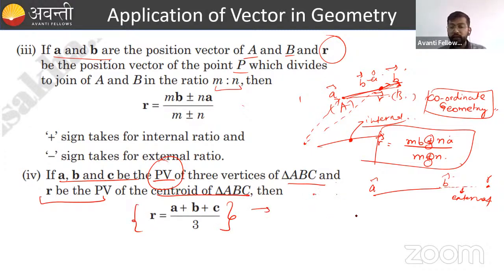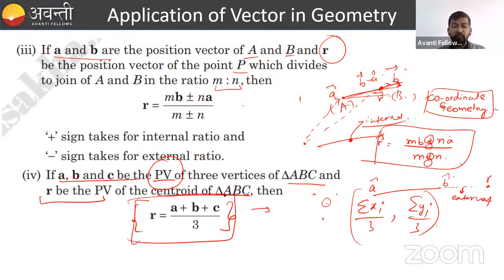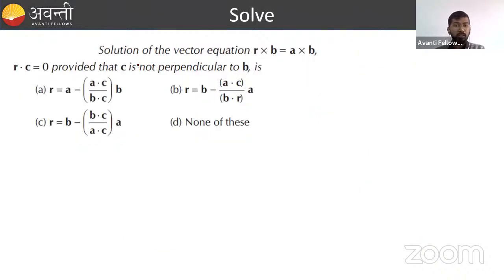When three coordinates are given, the centroid is found by the summation of xi by 3 comma summation of yi by 3. So this is in coordinate geometry. Similarly, in vector geometry, it is the summation of all the vectors divided by 3. All these vectors are position vectors of the vertices of the triangle.